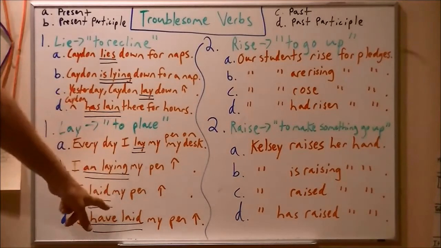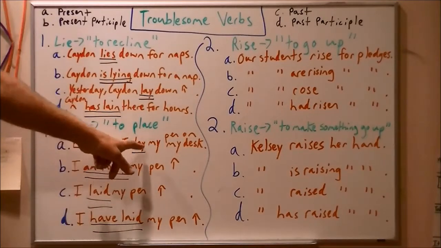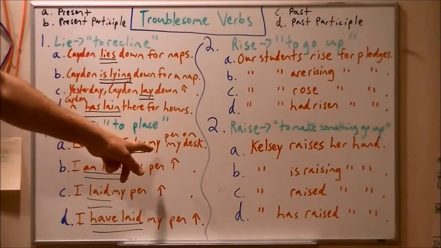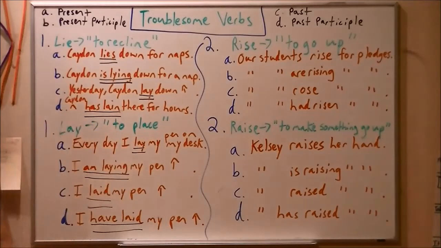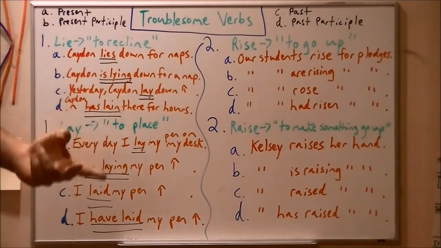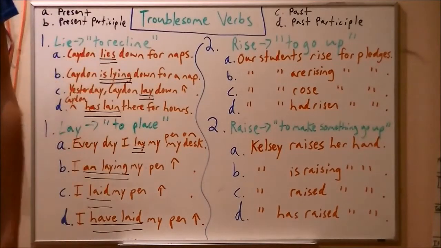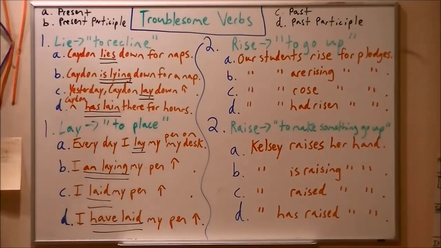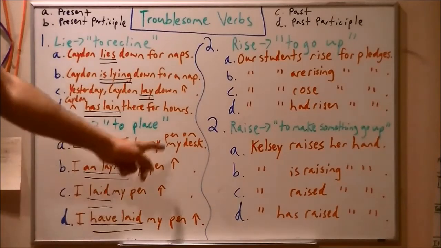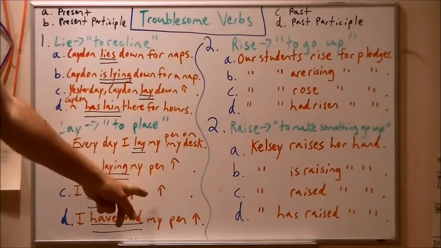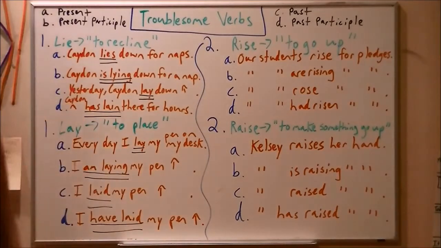And every one of these, regardless of tense, I lay what? That's the question that a direct object answers, either what or who. Every day I lay what? My pen, okay, on my desk. And so pen, pen, pen, and pen are all direct objects for lay.